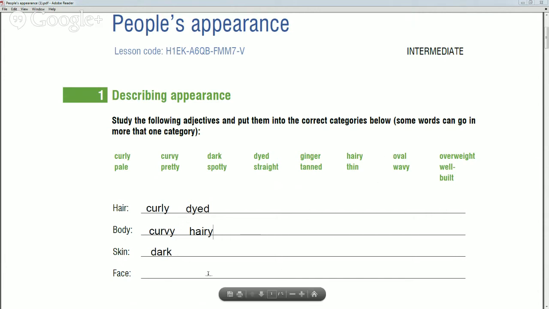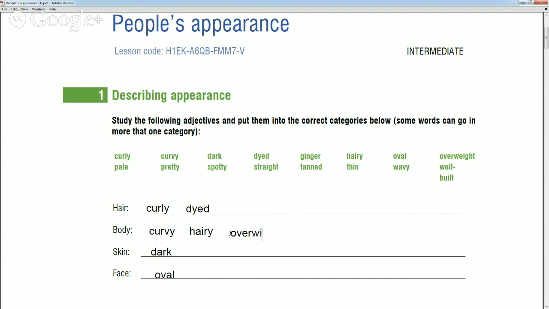Oh, hairy. And oval. I know what this word means, but yes, it matched with face probably. Oval face. Yeah, because it's an oval face shape basically. Okay, and overweight. Overweight body. Yes, definitely body.